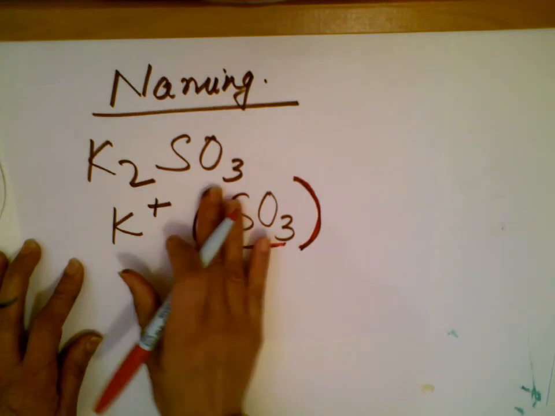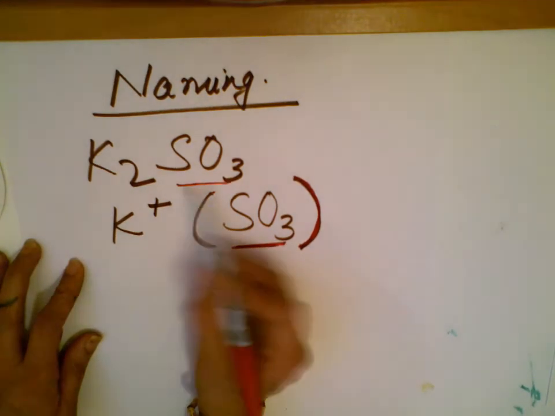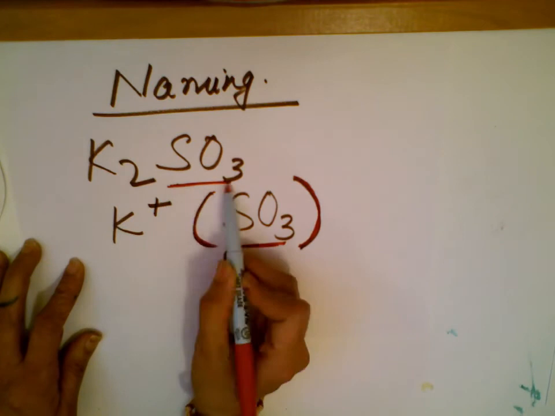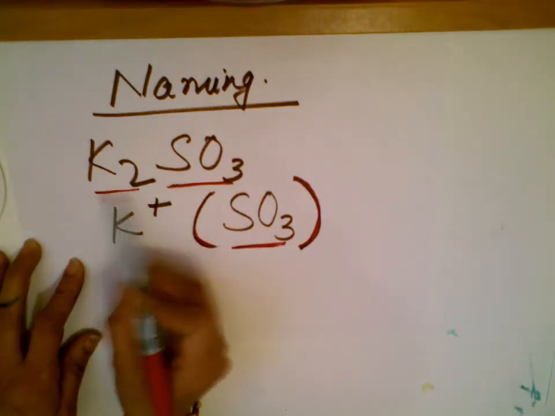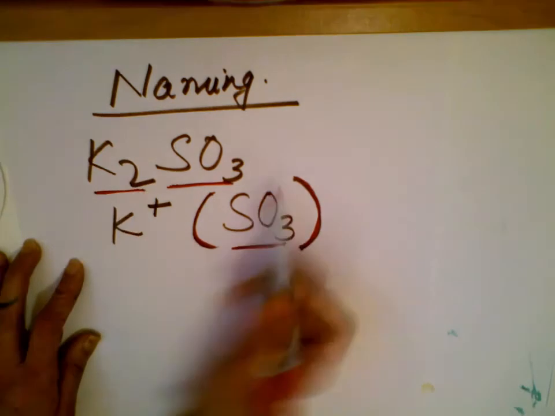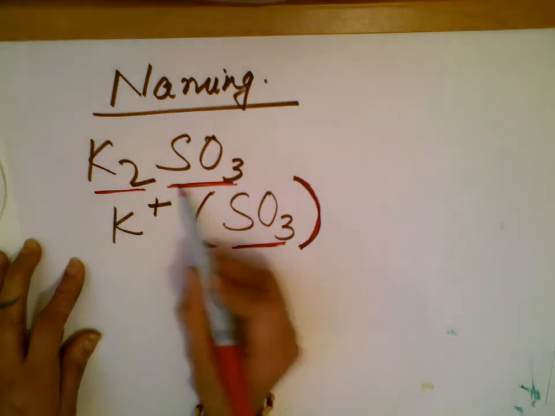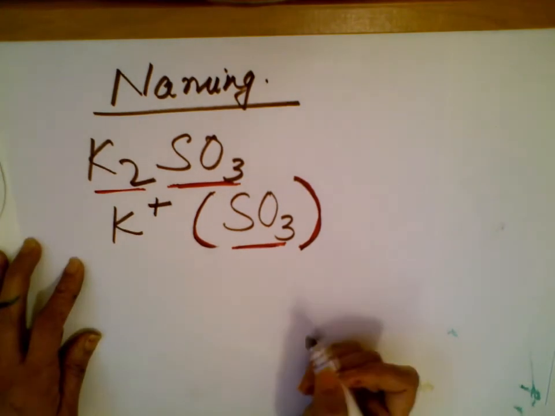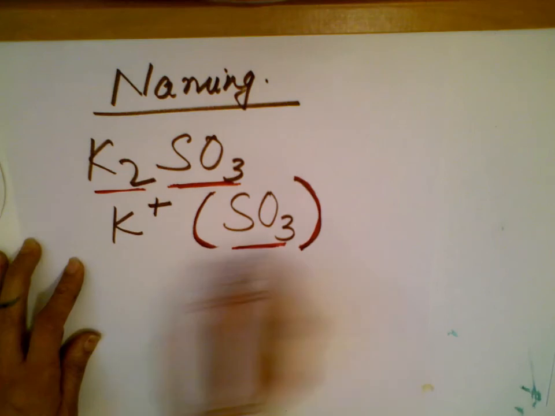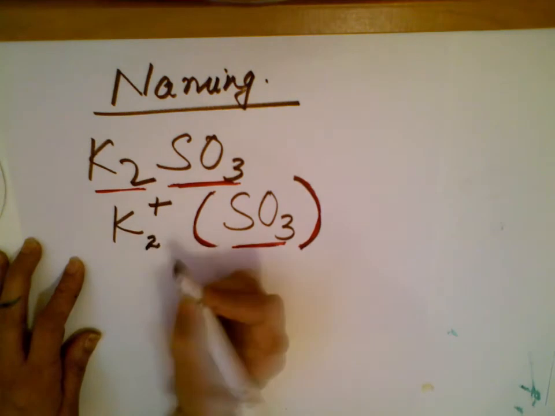Like in this case, you see, there are no parentheses here. That's because you have one sulfite ion and you have two atoms of potassium, and you have this sulfite ion as one unit. All right, only one sulfite ion. Now here you have two atoms, so I'm going to leave it as 2.